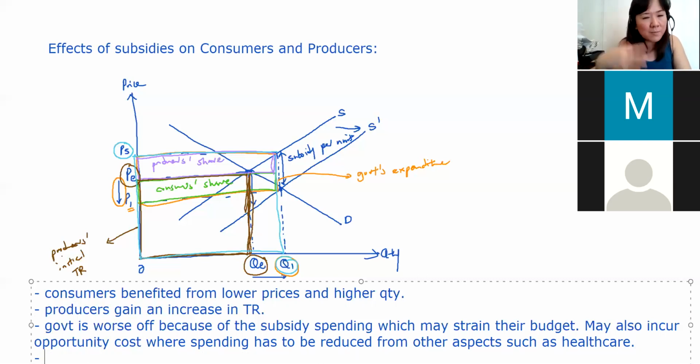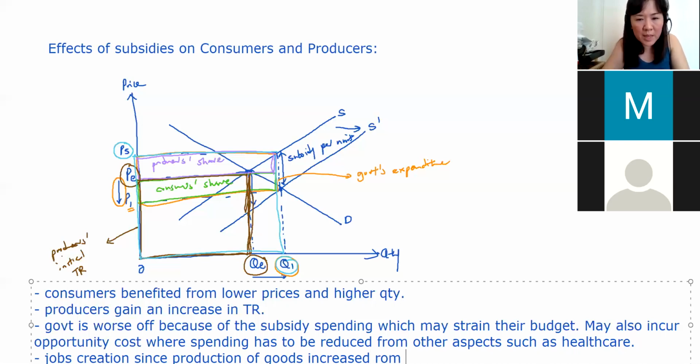But because of the increase in the amount transacted from QE to Q1, it will also be beneficial in terms of job creation, since production of goods increased from QE to Q1. Got it?